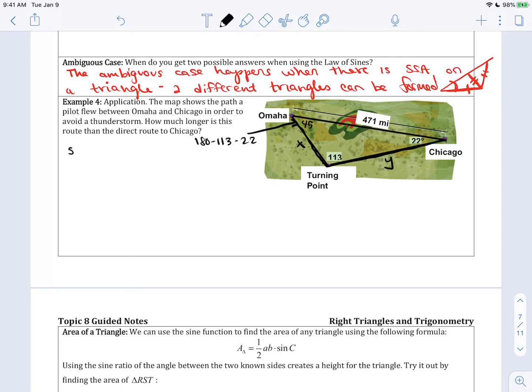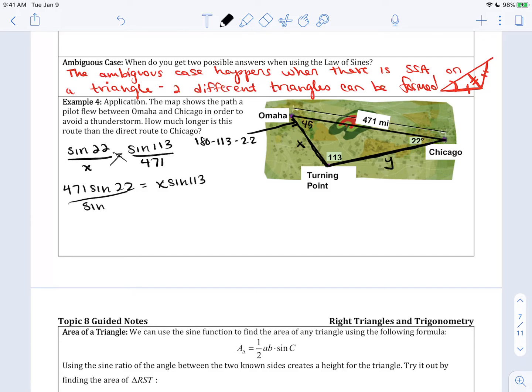Now I have an angle and a side opposite, angle and a side opposite. So I'm going to set this up. Sine 22 over x equals sine 113 over 471, right? So I want to solve for x. I'm going to cross multiply. So I get 471 sine 22 equals x sine 113.